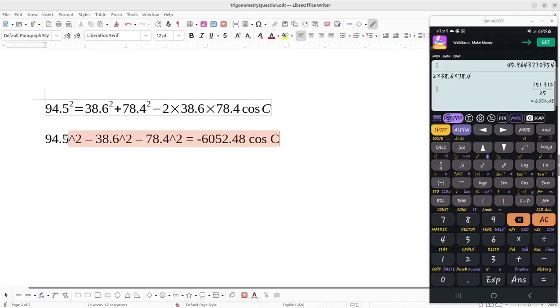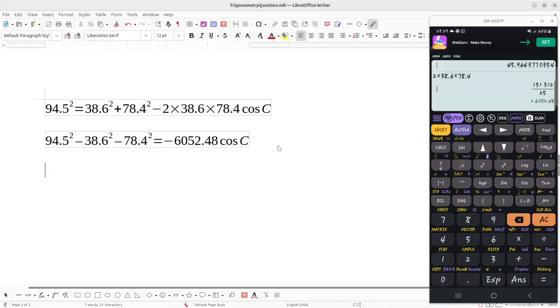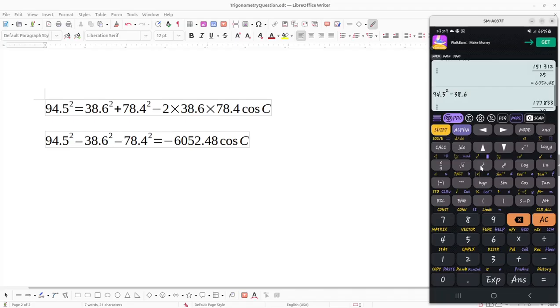Now let's check what's on the left. What does it give us? 94.5 squared minus 38.6 squared minus 78.4 squared.